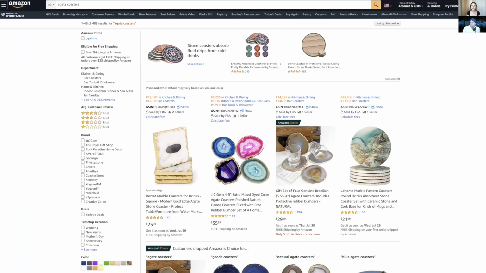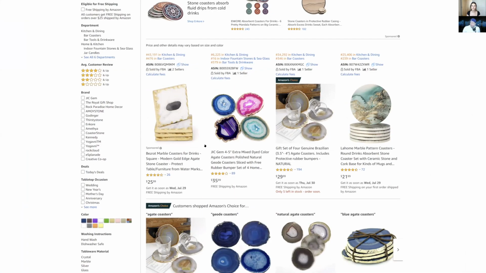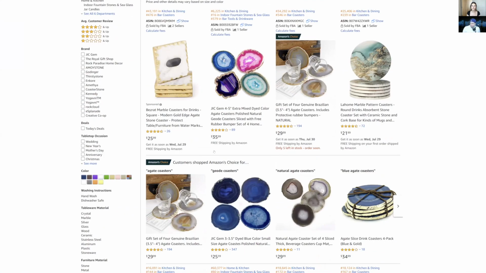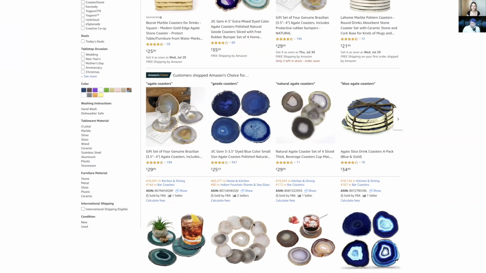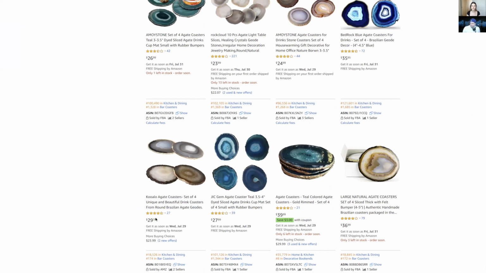But this is interesting. This keyword is getting about 4,000 search volume, and look at the average reviews for something that's getting pretty decent search volume. Most of these, look at this: 40, 240 reviews, 70 reviews, 25.